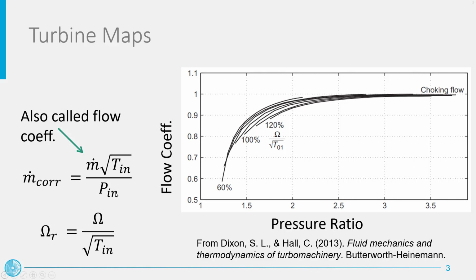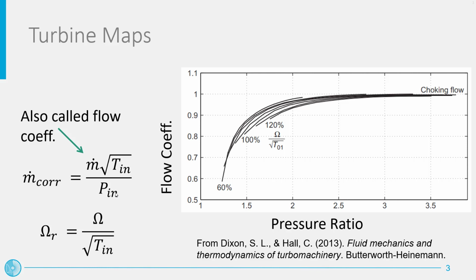So, by scaling mass flow rate and rotational speed with respect to total temperature and pressure, it is possible to take into account the variation of density with pressure and temperature, as well as the variation of the speed of sound. In this way, the characteristic curves are made independent of the specific inlet conditions of the turbine, where they are calculated or measured.